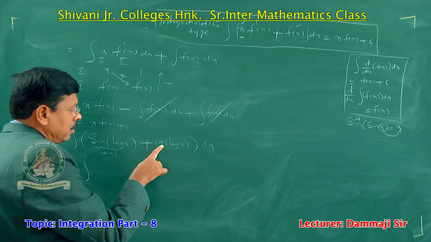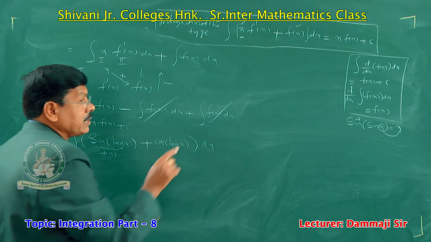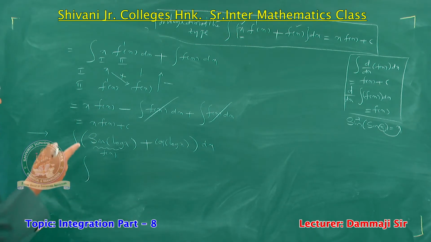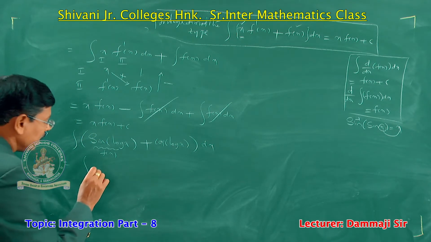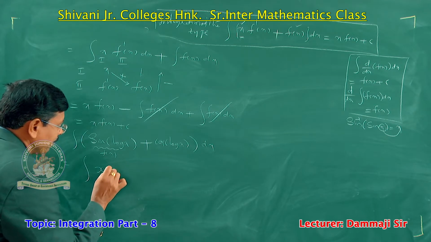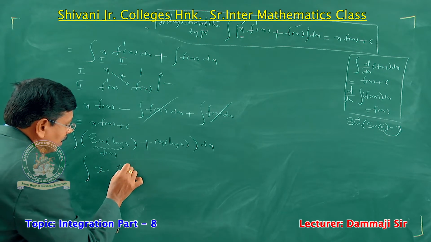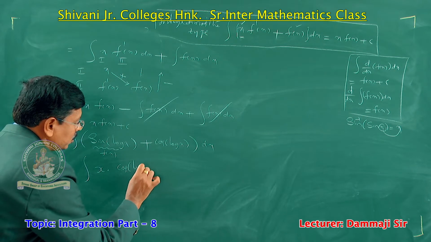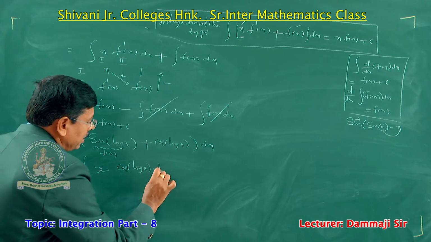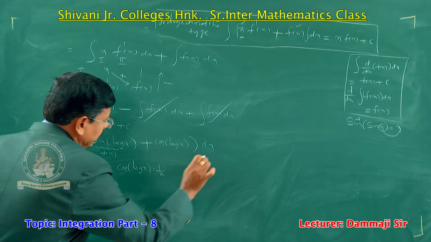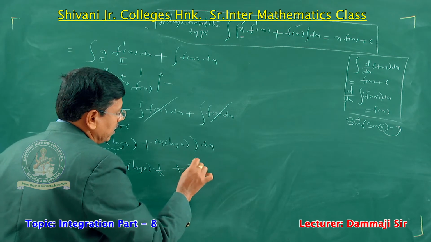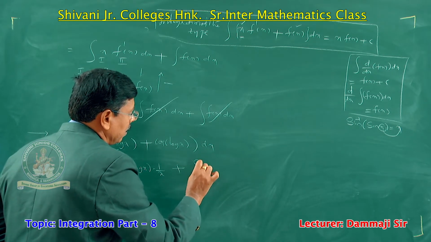The result is cos of log x, and the derivative of log x is 1 by x, but only cos of log x is there. Now we can write x into cos of log x into 1 by x dx, plus sin of log x.